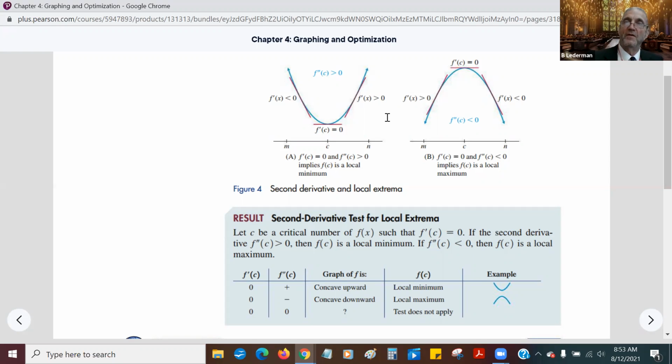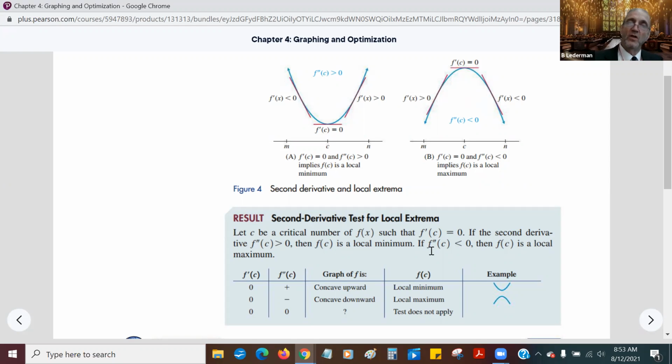Similarly, if f double prime is negative, that means it's concave down, so you have a top up there.